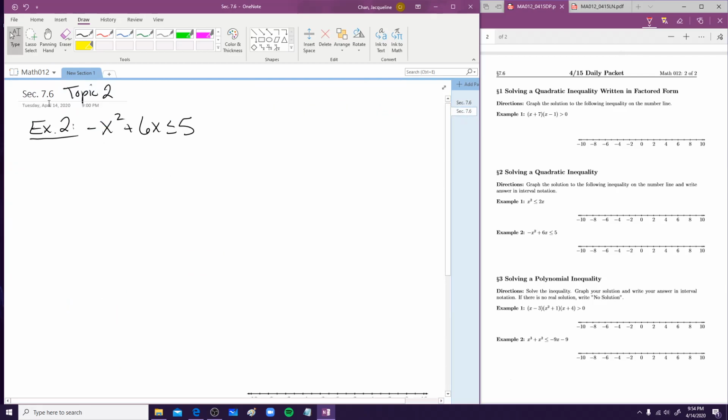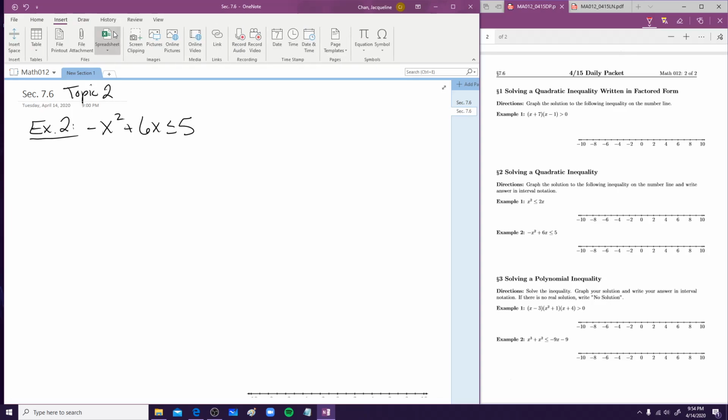So our next example we're going to do is negative x squared plus 6x less than or equal to 5. So what's the first step? The first step is to get one side equal to 0 and make sure that the leading coefficient is positive. So I look at it, neither side is equal to 0, so we're going to have to move some terms around.